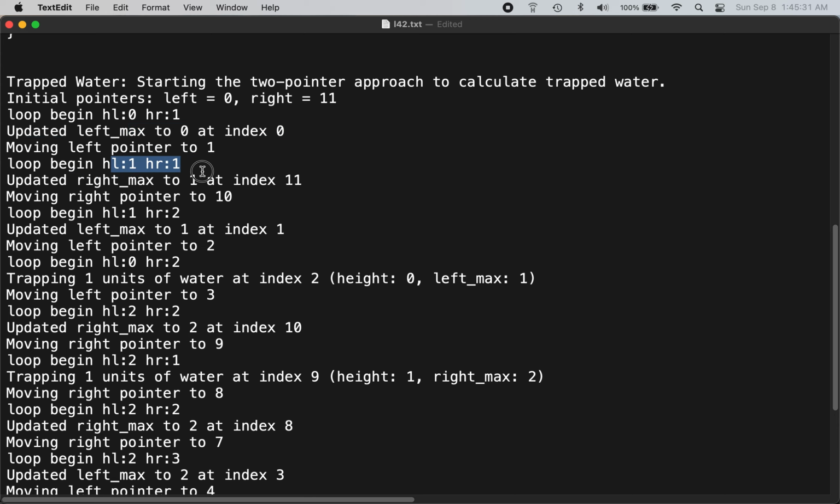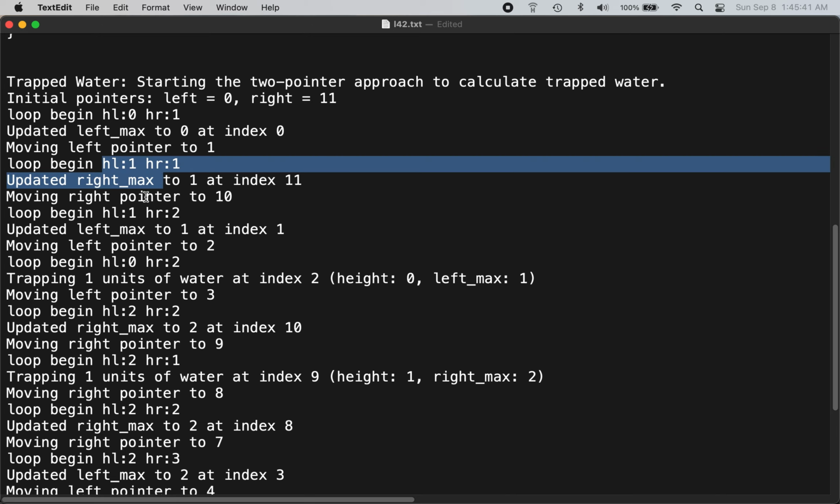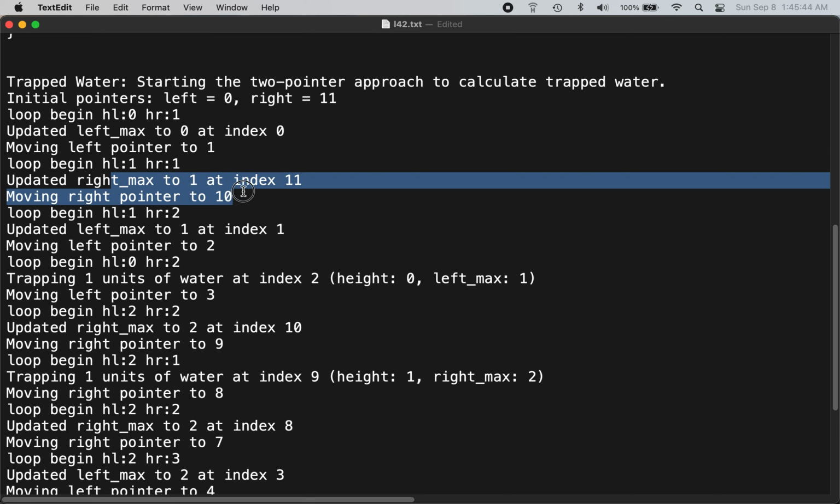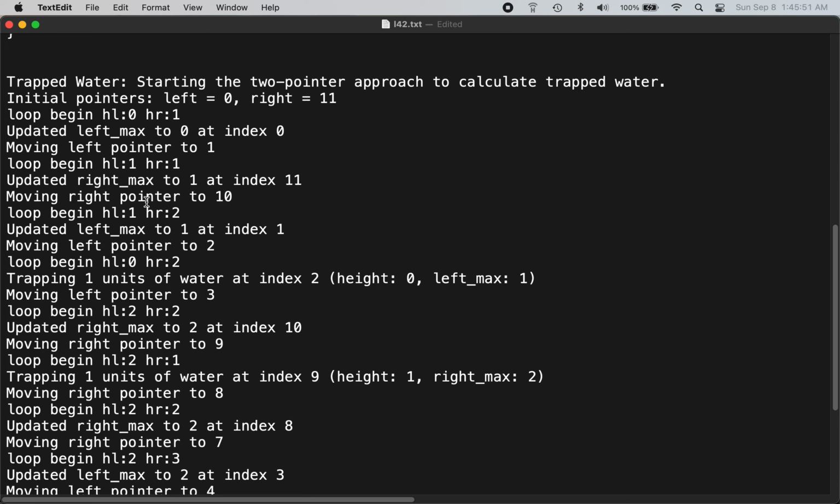Because they are equal, only when the left is less do you process the left side, otherwise you process the right side. Update the right max to 1 at index 11, move the right pointer to 10, you decrement it, and now the current height is 1, and then the current height is 2.